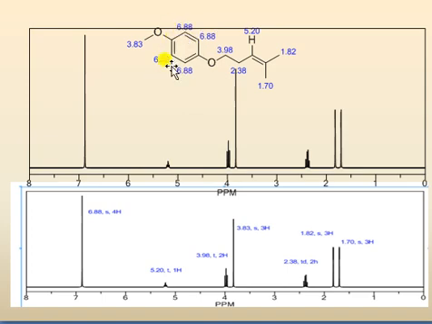All are equivalent, because this is the third CH2, so it will not affect that much. That's why this came as a singlet. But sometimes it may come a little bit different, as two doublets.